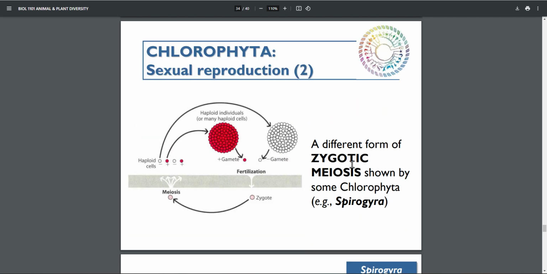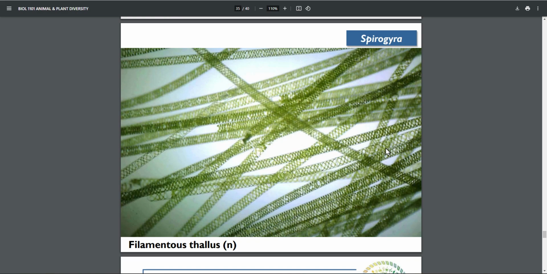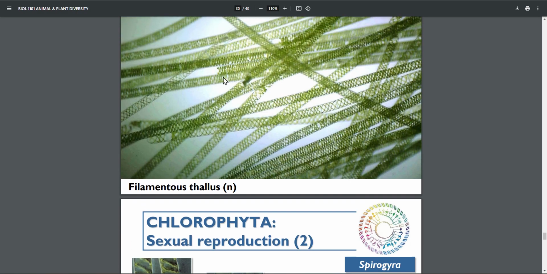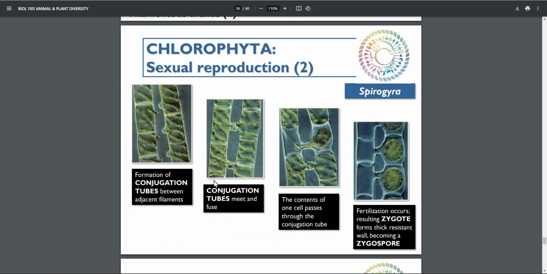And here is a different zygotic meiosis for Spirogyra, a different genus. There are conjugation tubes that form between adjacent filaments, and they will connect.